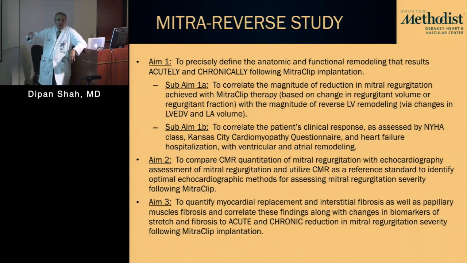Now, the next question is, can you modulate that and see a reduction in that, or reversal of that? That's one of the things we don't know yet. I mean, it would be very interesting to do a study looking at a cohort of patients that are getting some therapy, where you image them at baseline, and then you see if you actually see a reduction in this over time.